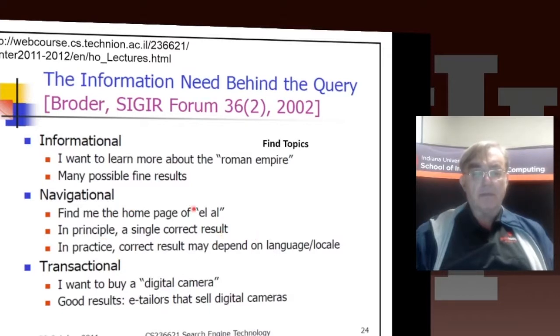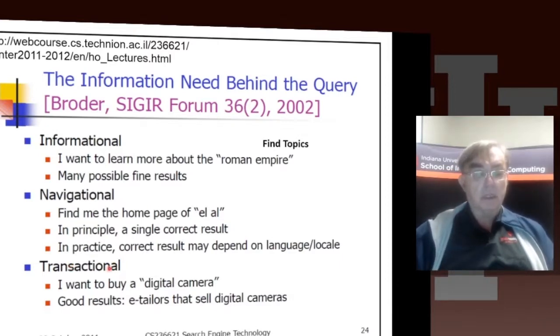Navigational. Well, if I'm flying United.com, which I am about to do later today, to fly to Chicago from Indianapolis, I would want the United.com website. And that's finding home pages. This is an Israeli slide, and so for Israel, the airline is El Al.